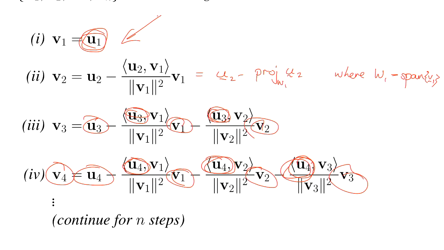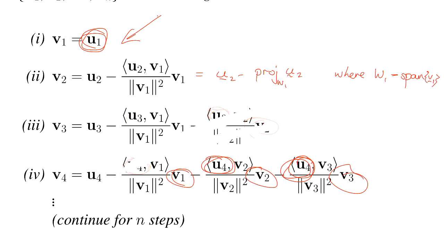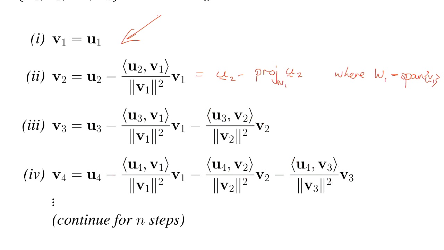V2 is U2, but with the projection subtracted so that it's orthogonal to V1, and so on. It is clear that these things are orthogonal, I think. What's not entirely clear yet is why they're actually independent, why you get an independent set by doing this. But we'll talk about that tomorrow.